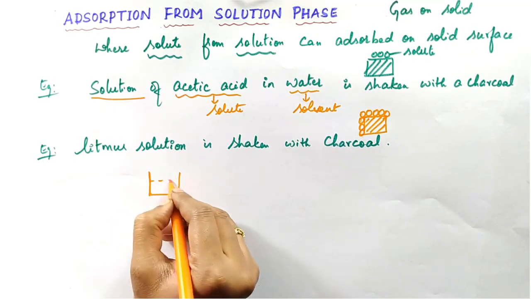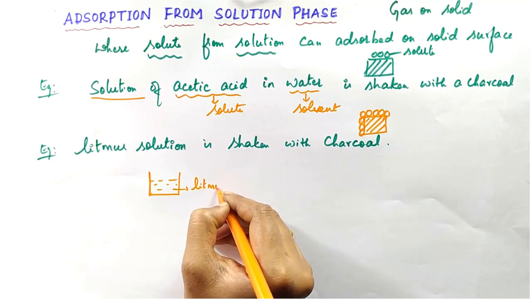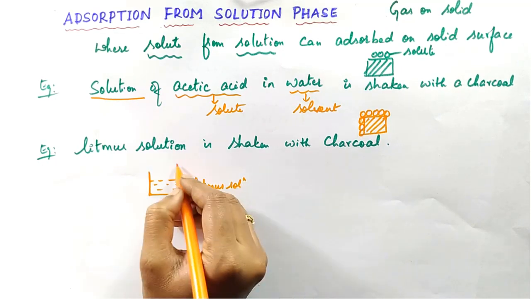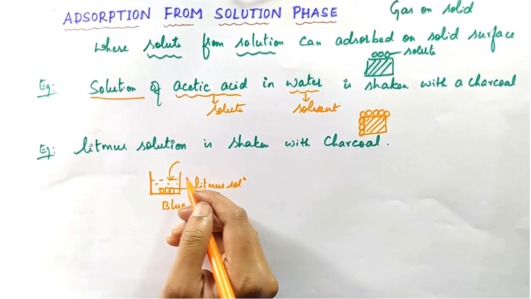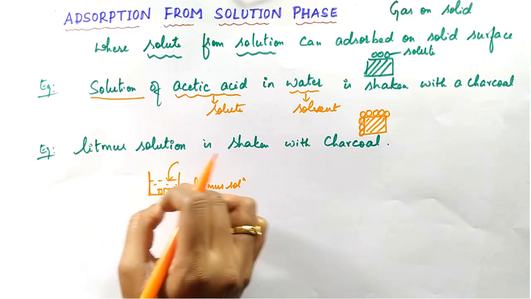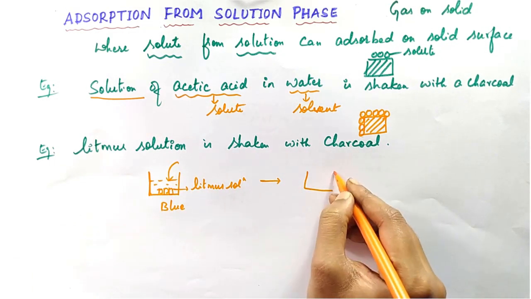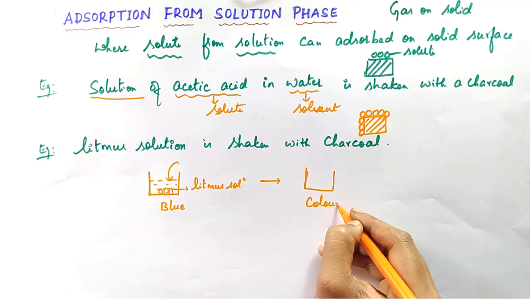In this, let us take a litmus solution. This litmus solution is blue in color. When you add charcoal to this, the charcoal adsorbs the colored material on its surface. Therefore, the litmus solution turns colorless.